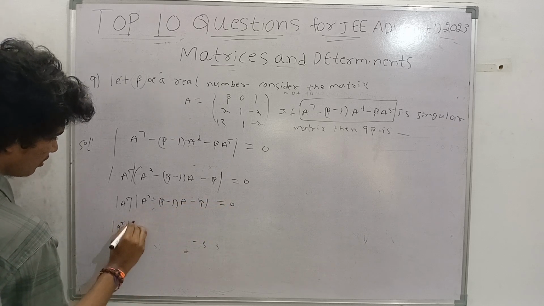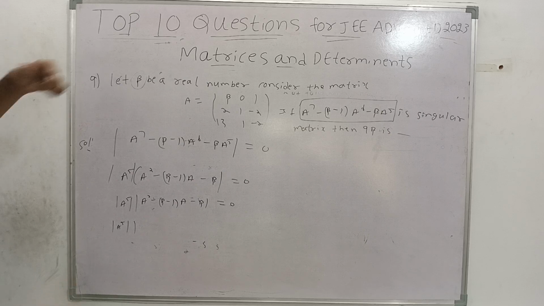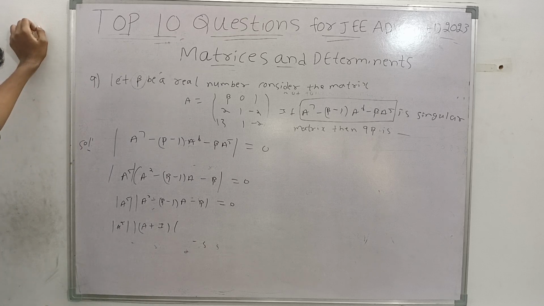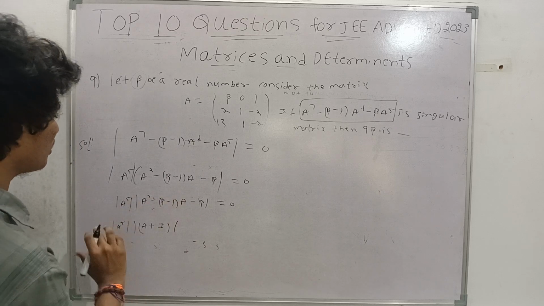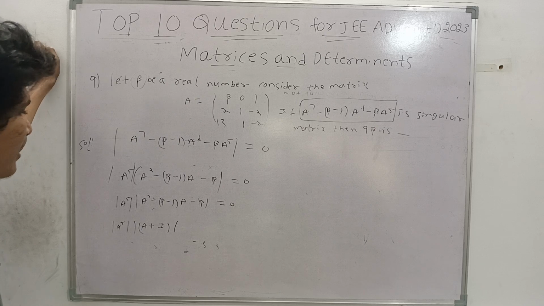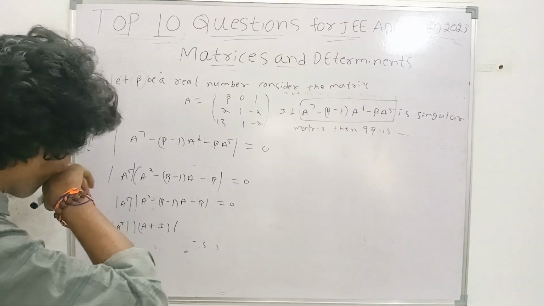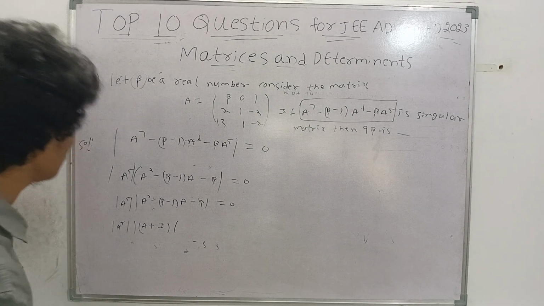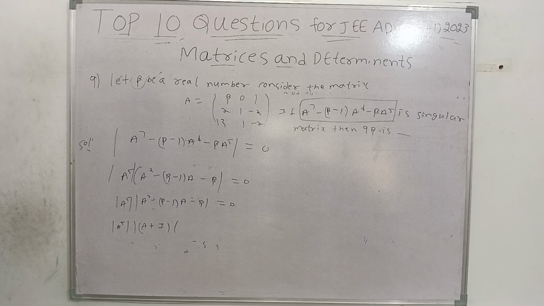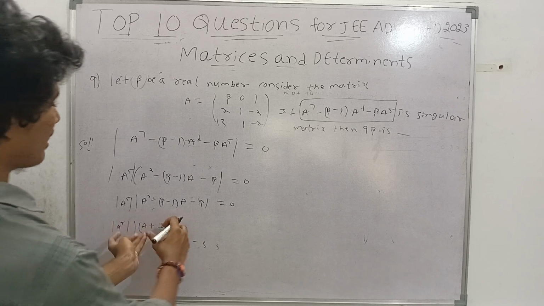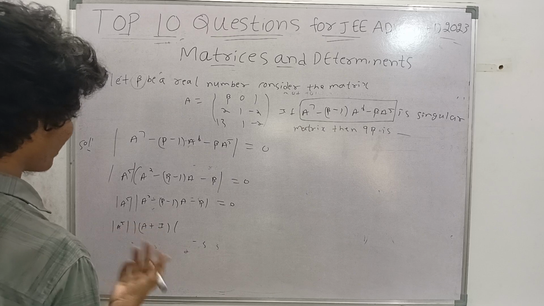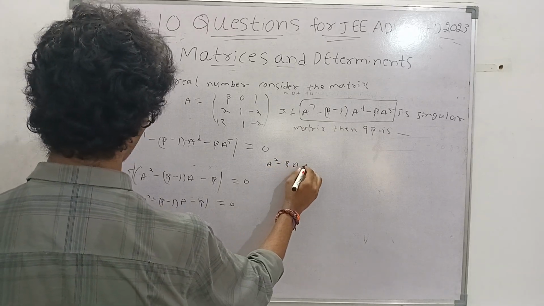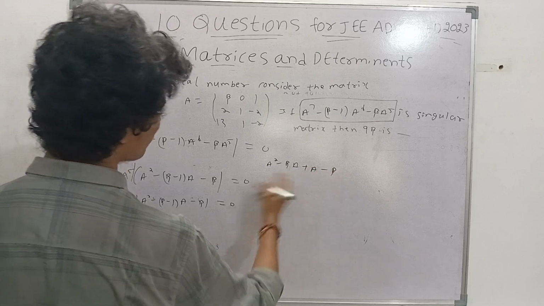Now how can I write these things? I have to write it as a product. If we separate this, A square minus beta A plus A minus beta.